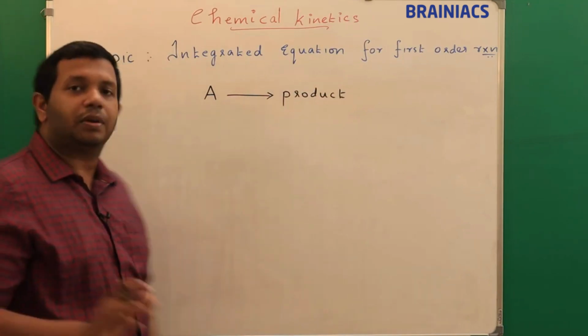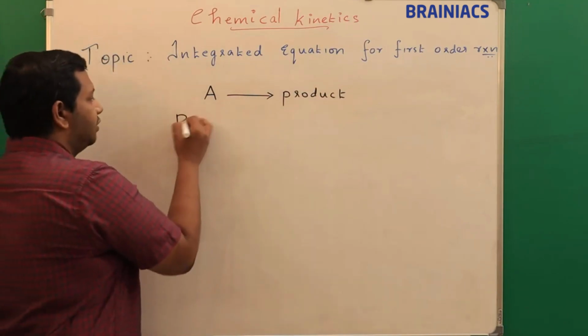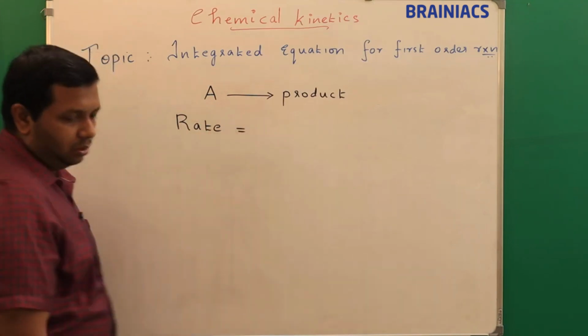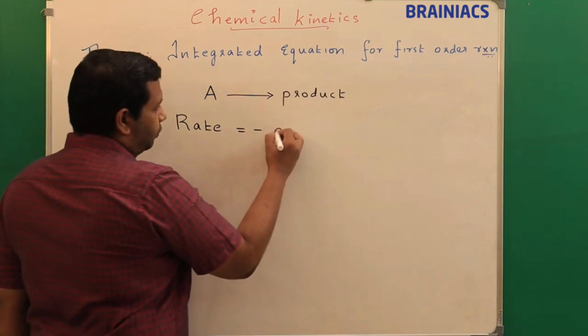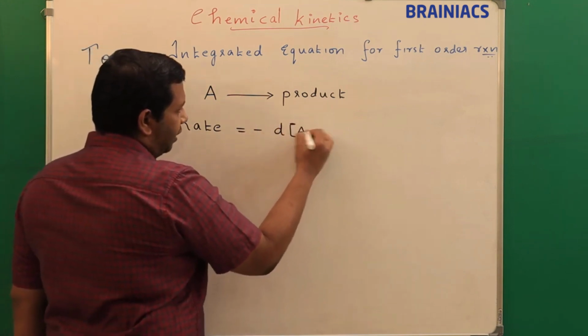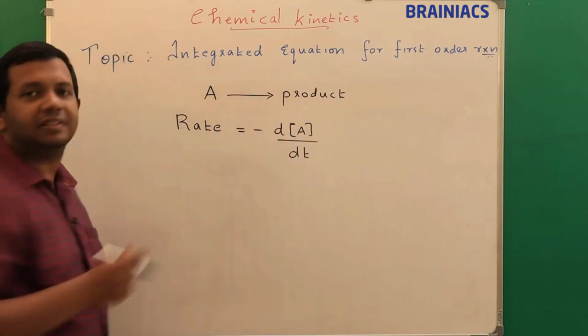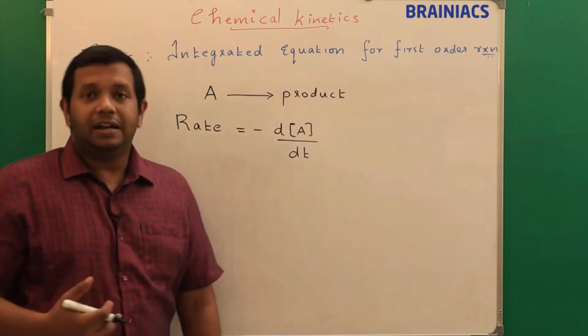Now in this case, how will you write the rate equation? Rate is equal to minus dA by dt. Why is the minus coming? Because it is a reactant, its concentration keeps on decreasing.